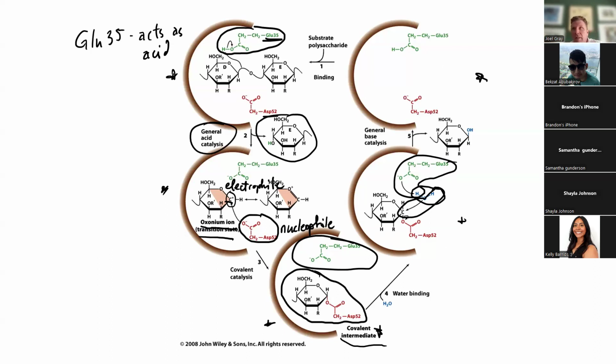So water acts as an acid and a base. Glutamic acid acts as an acid, and aspartate 52 acts as a nucleophile. Our electrophile was the substrate. Does anyone have any questions about covalent catalysis? Great.